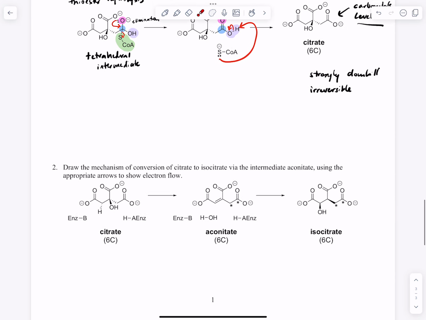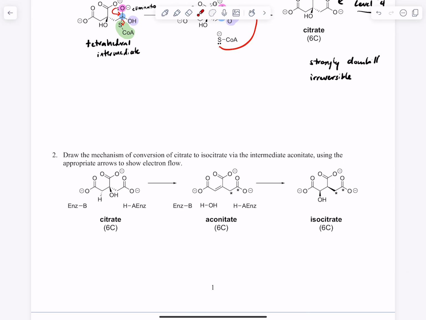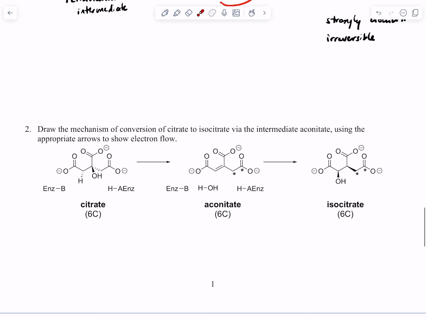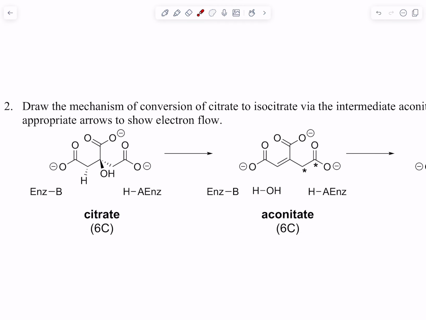All right, second is the steps where we convert citrate into isocitrate. And recall that our motivation for doing this, or nature's logic, is I want to get an alpha ketocarboxylate and/or a beta ketocarboxylate. Right now, that OH is alpha to one carboxylate and beta to others, but it's a tertiary alcohol, it lacks a hydride, it cannot be oxidized to a ketone.